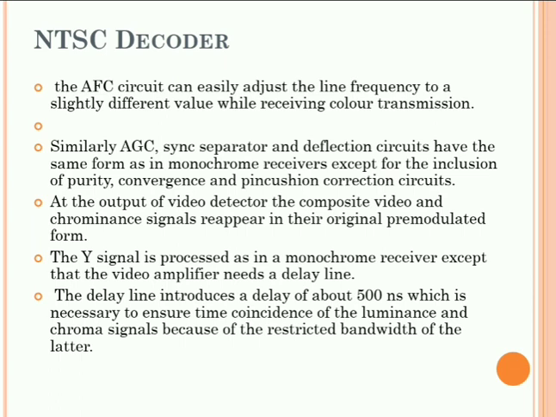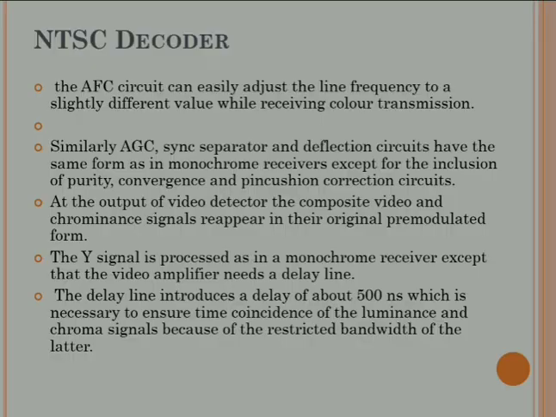Similarly, the AGC, synchronous separator and deflection circuits have the same form as in monochrome receivers, except for the inclusion of purity, convergence and pincushion correction circuits. At the output of the video detector, the composite video and chrominance signal reappears in the original pre-modulated form.